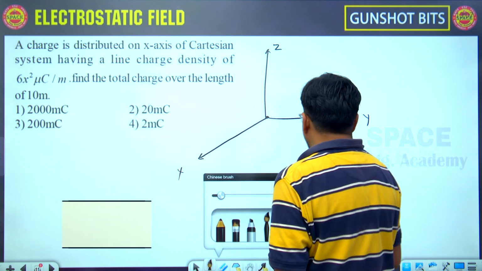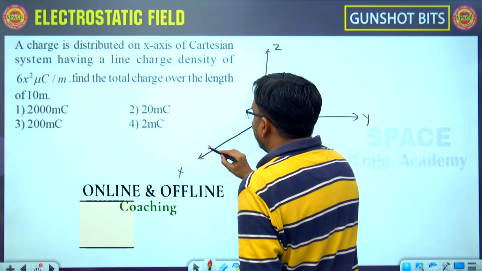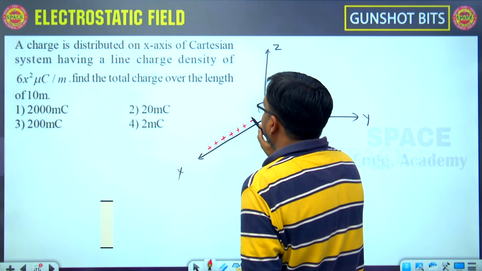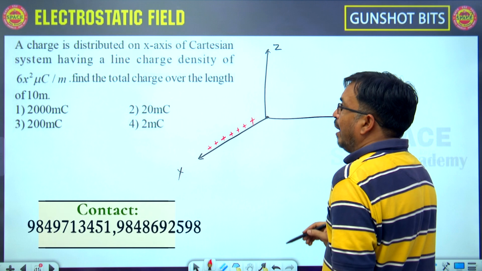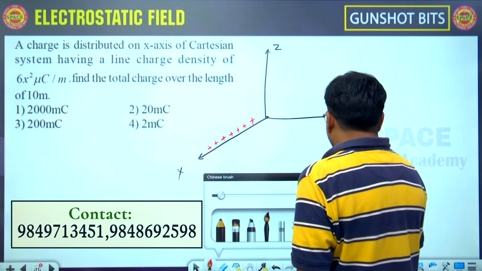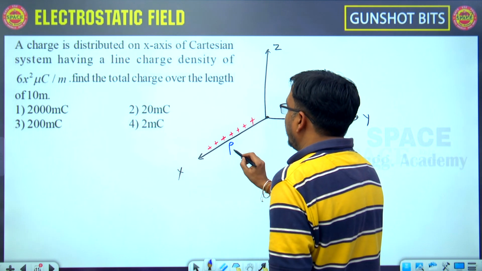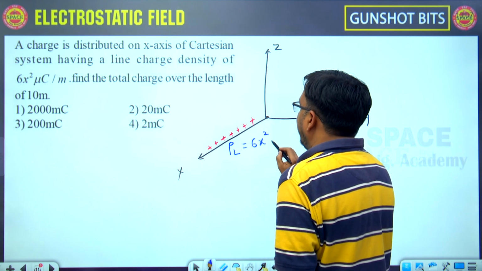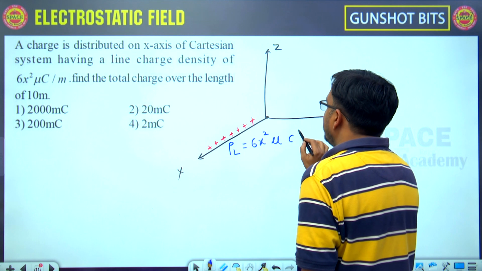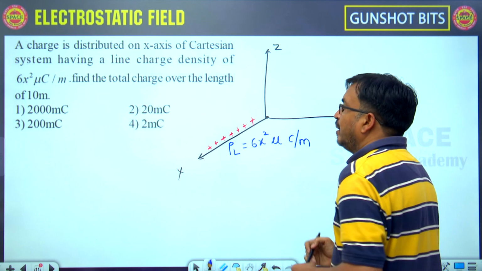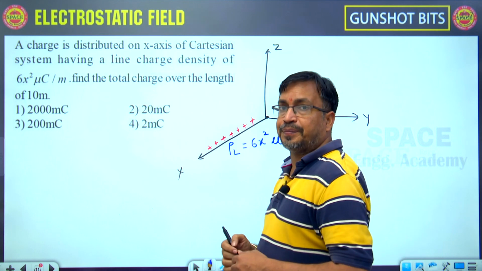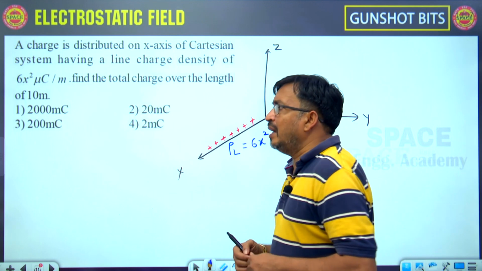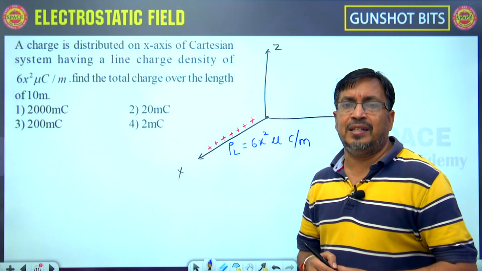A charge is distributed on the x-axis having line charge density rho L equal to 6x square micro coulombs per meter. Micro means 10 power minus 6. Then it asks for the total charge over the length of 10 meters.